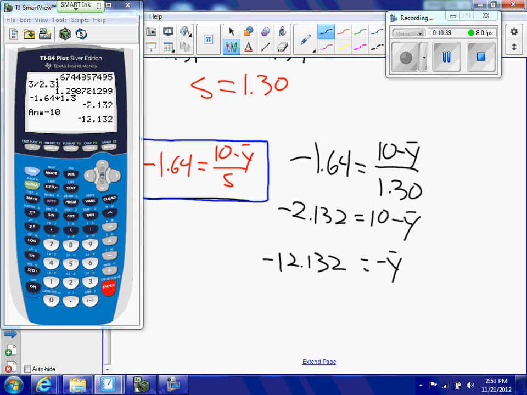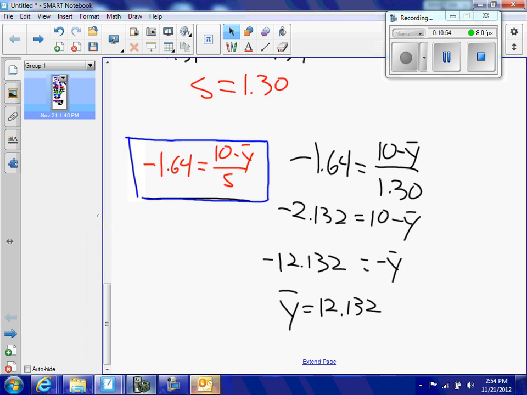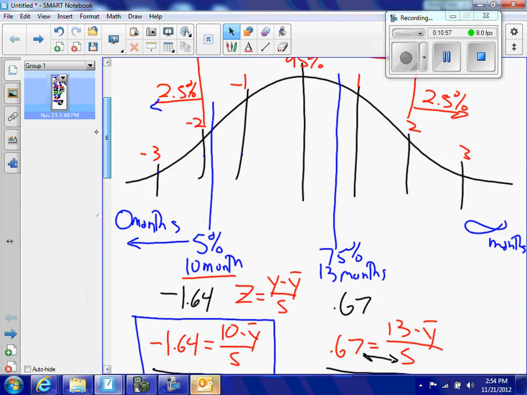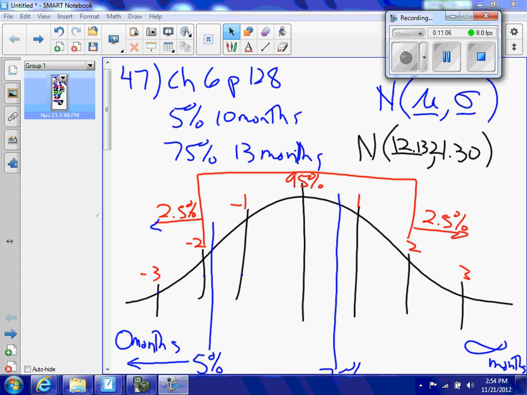So my mean, since they're negative and negative, I can multiply both sides by negative 1. Y bar is equal to 12.132. And 12.132, let's go back up to the top. That should be our normal model. And in fact, that is the correct answer, or close, given some rounding errors.